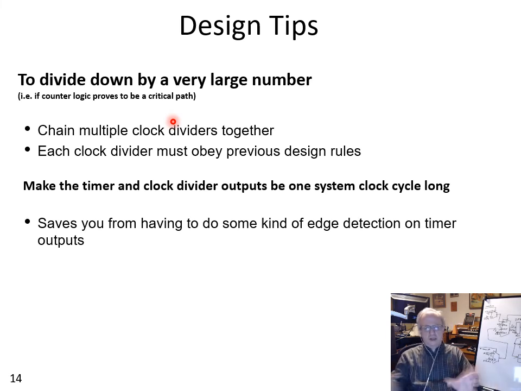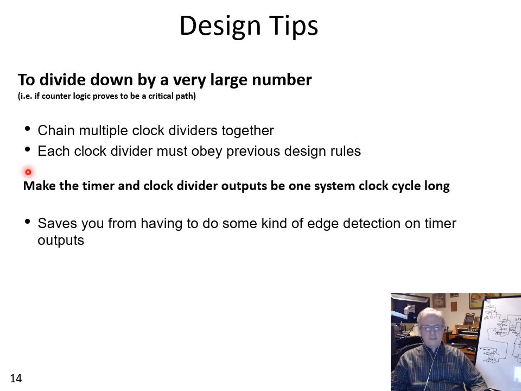And you could chain counters in this way, and in fact you will probably do something like that in the timer for the UART design in Lab 6. Of course, each counter we still need to obey the design rules that I've told you before about only using the external clock as the clock signal for the register. And any other control signals go to the next state logic.